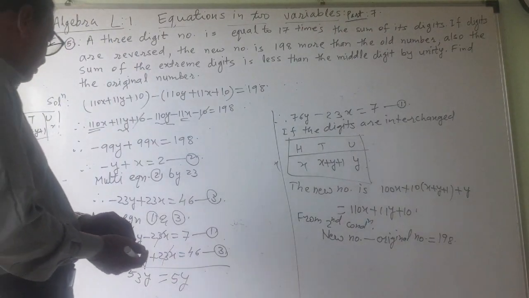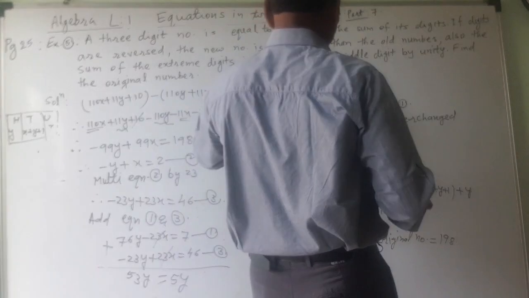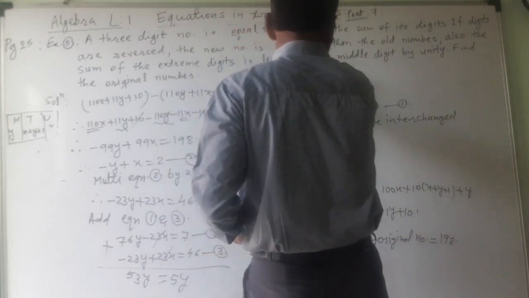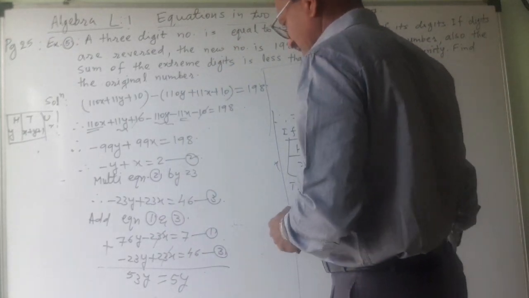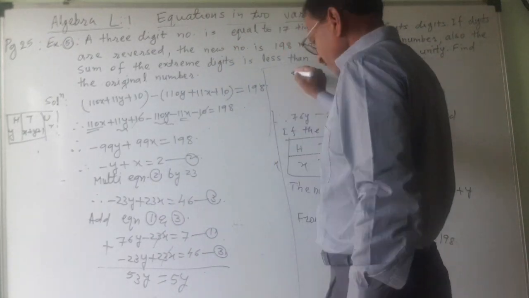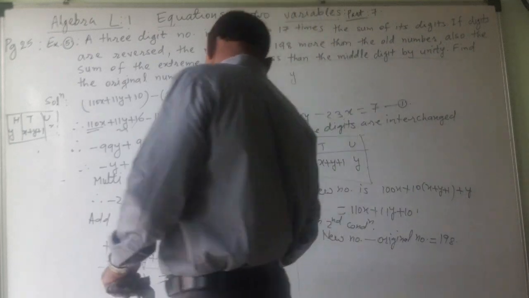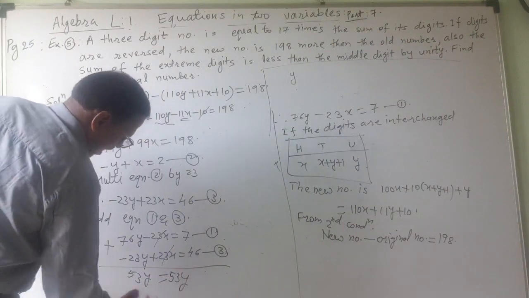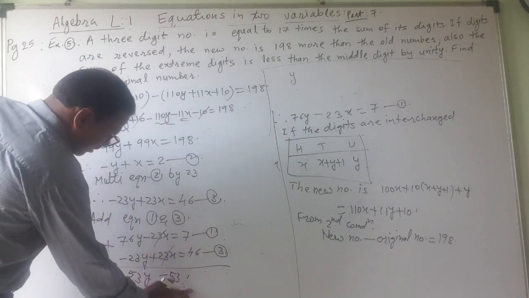Now what? Here I will solve, and then afterwards I will drop this. Therefore, 53y is equal to 53.